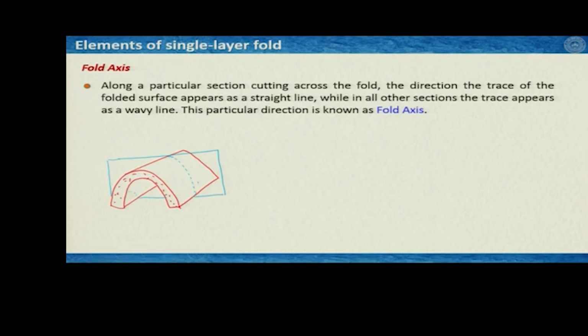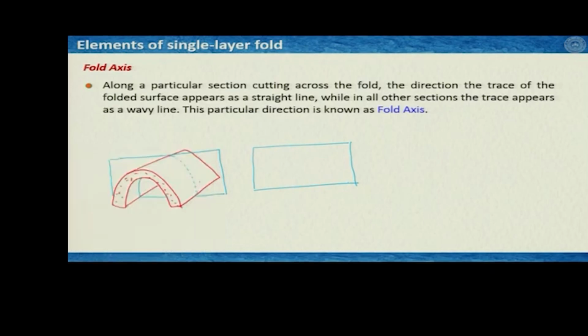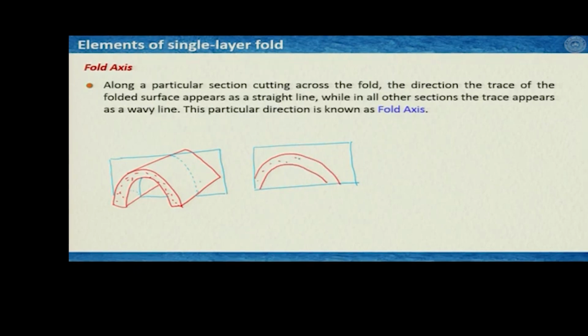I can also draw this a little better way for your better understanding. Now, what we see here is that if I slice the fold along this plane, then on this plane the folded layer would appear something like that. In other words, this is curved.